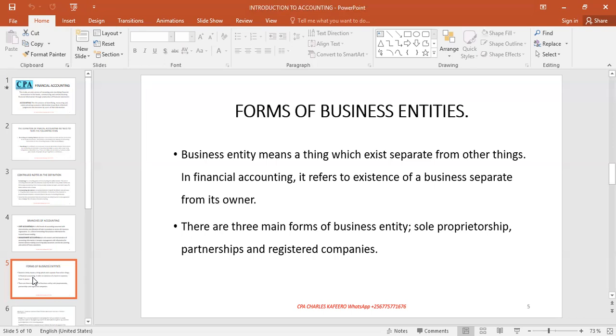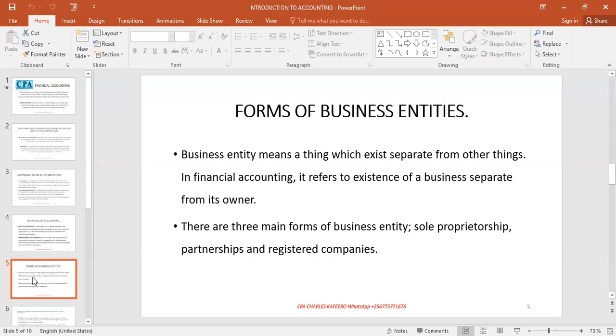Is it owned by someone, or is it owned by other people? So we are on that side of ownership. Allow me to proceed, but I want you to go ahead and try to look for the differences between partnership, sole proprietorship, and registered companies. You compare those three and you see the differences.